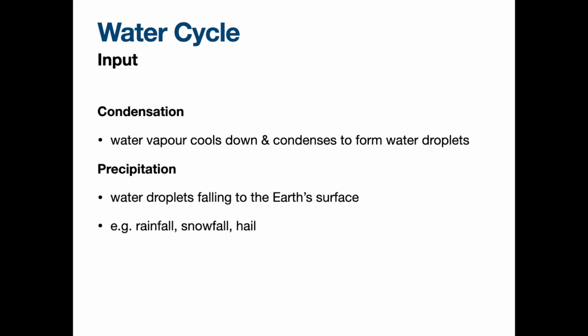As the air particles and the water vapor rise further up into the atmosphere, the air temperature decreases as the altitude increases. So as the temperature drops, the water vapor cools down. When it cools down, it condenses and becomes the water form. So it's just the change of state for water, okay?